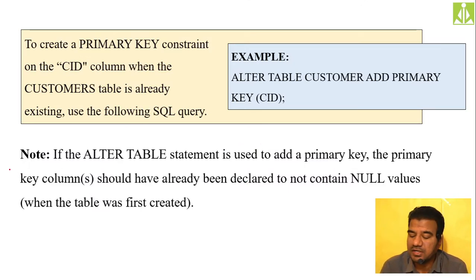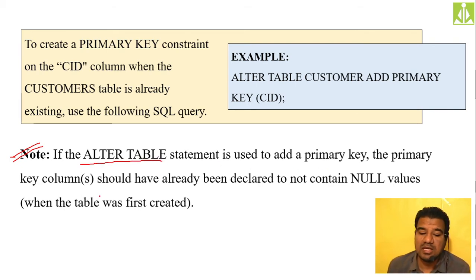So here I have written a note. If you read this note, it is the same thing I have just explained. If you are using the alter table statement to add the primary key, the primary key columns should have already been declared not null.